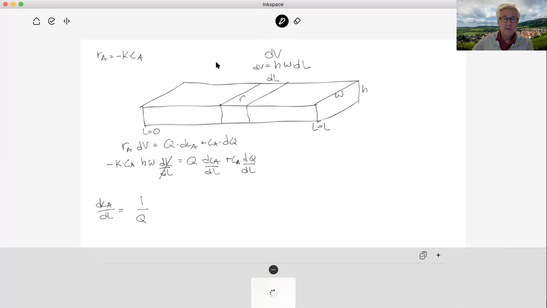So we can take that away and put in a C_A instead. And since this becomes negative, if we move it to the same side as the reaction, we can even put a negative in front. So we have minus C_A divided by Q, and then we have K times H times W. And then we have dQ/dL.